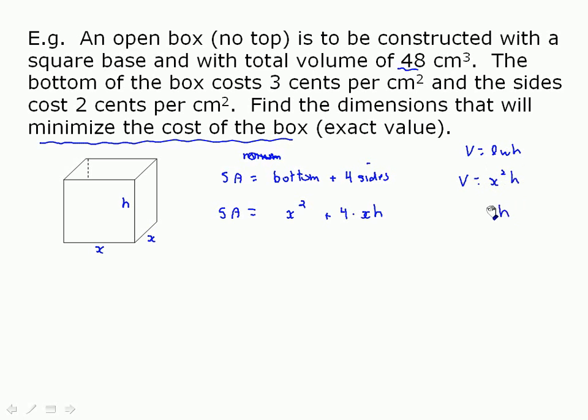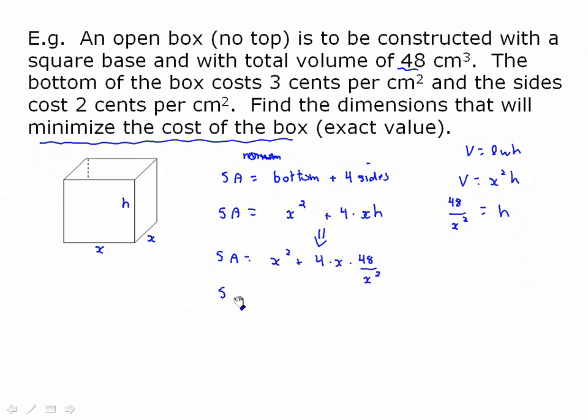So the height, given that the volume is 48 cubic units, is going to be 48 divided by X squared. Now, when we put that in, we'll get surface area is equal to X squared plus 4 times X times 48 over X squared.